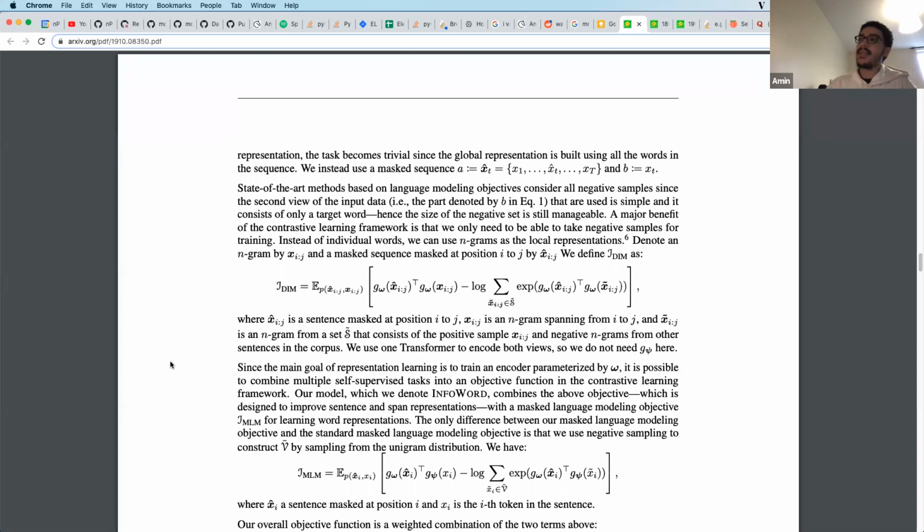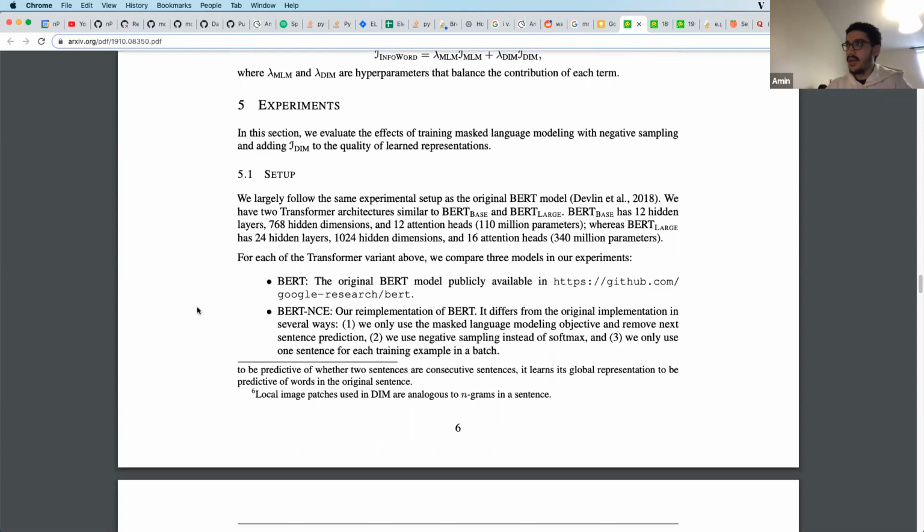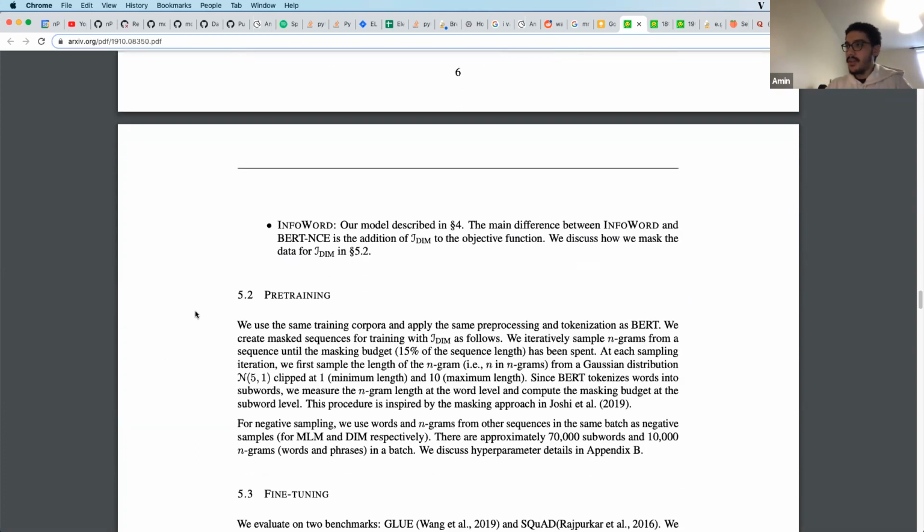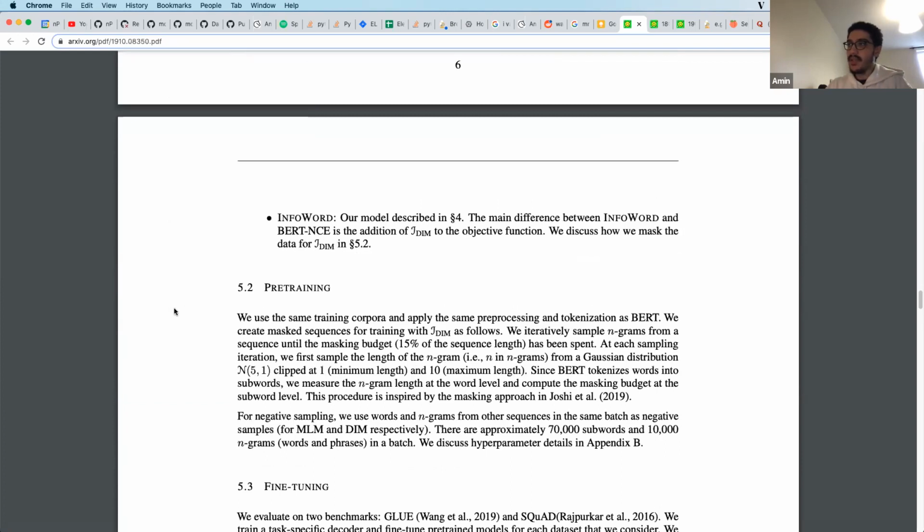The way that they make this analogous to Deep Infomax, which uses patches of an image, is that instead of using individual words for the local representation, you use n-grams of a sentence. In practice, I'll skip to this section briefly.